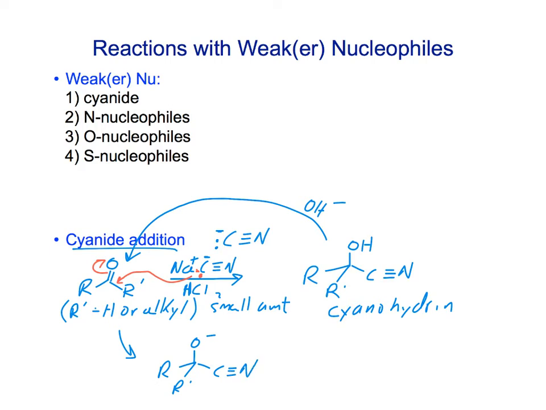And then what happens is this mixture of cyanide and a little bit of HCl generates some hydrocyanic acid, and that's what they show, at least in the book, as being the proton source here. So it goes like this, forms some cyanide again that can go and react further.